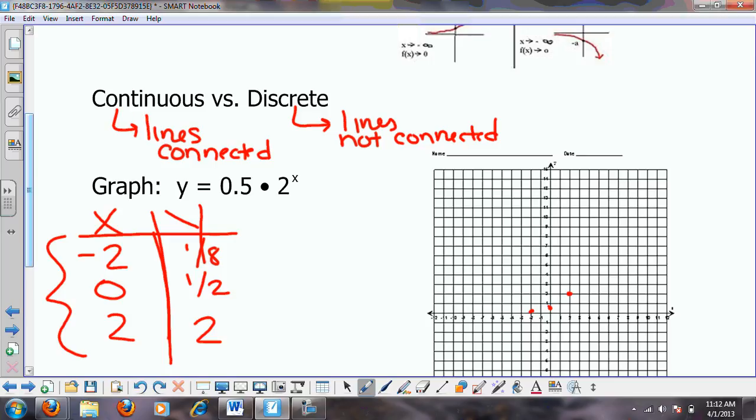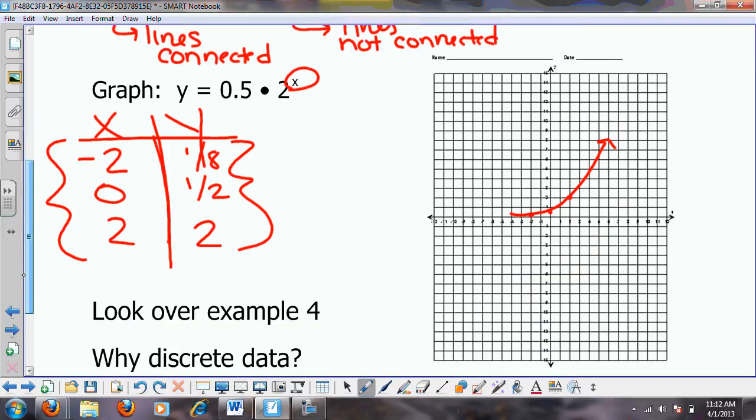You may want to pick another point up higher, but you know that it's going to be somewhat like this. Okay? Why did I make this one continuous? Why didn't I even question whether it be continuous or discrete? Could I have put in fractional points for my exponent? Yes. Is it possible to get fractional results? Yes. Therefore, it is continuous.